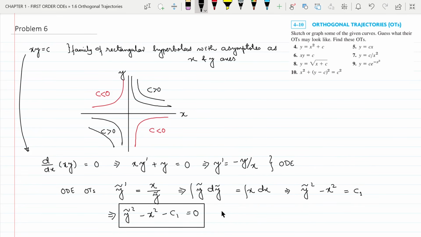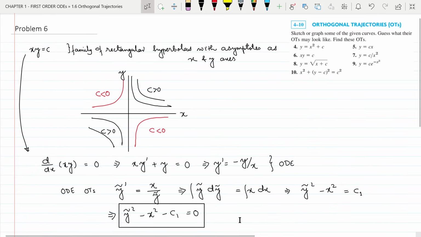Now, from basic two-dimensional coordinate geometry, we know this is an equation of a hyperbola, y square minus x square equal to c1. Since the constant terms multiplied by x and y are equal, that means this is a rectangular hyperbola, and this rectangular hyperbola has different asymptotes than the first hyperbola.